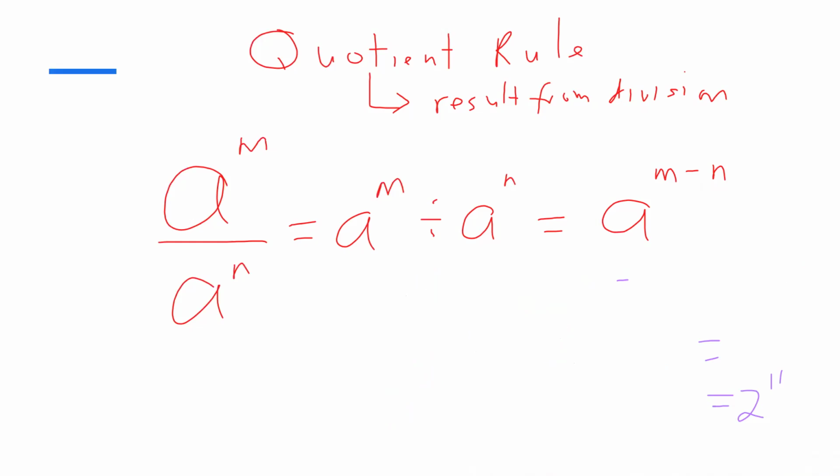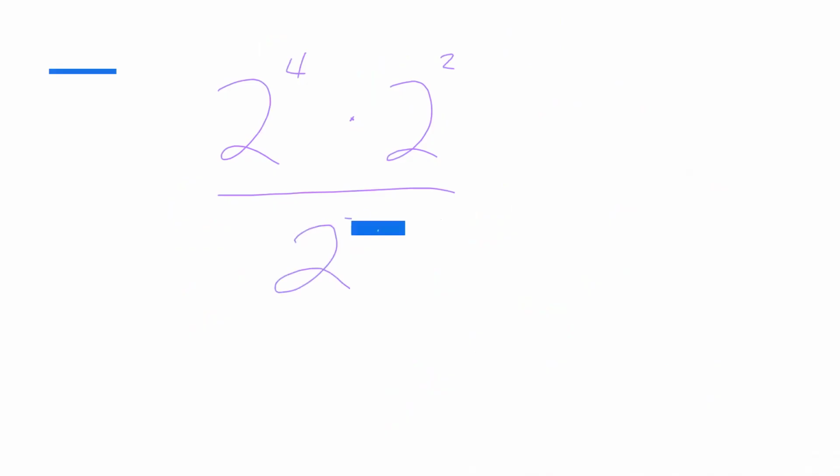All right. Now I'm going to combine the product and quotient rules. Let's say that we've got 2 to the power 4 times 2 to the power 2 divided by 2 to the power negative 3.